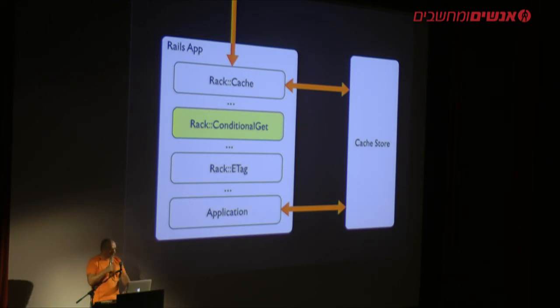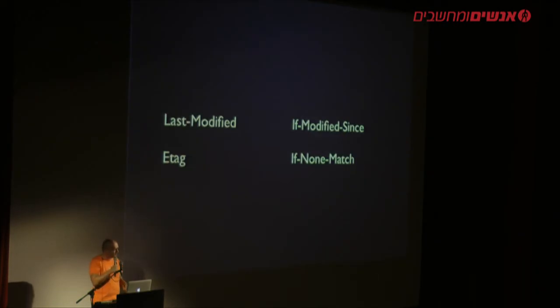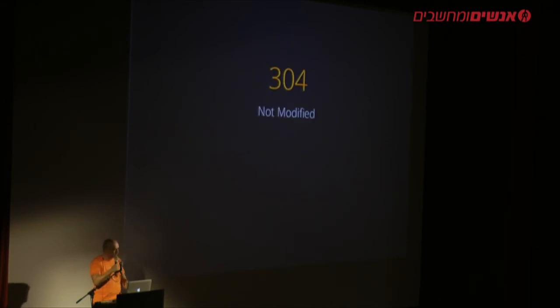If Last-Modified from your application matches the If-Modified-Since in the request, and your ETag matches If-None-Match in the request, then instead of returning the content that your application just produced, this middleware will return HTTP code 304 Not Modified. Even though you did produce your response, there is no need to send it back to the browser, because someone in the middle already knows the exact response and you don't have to send it again.